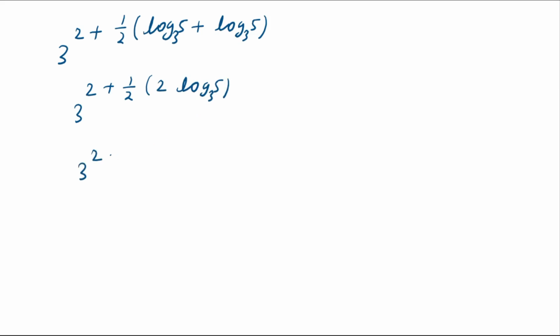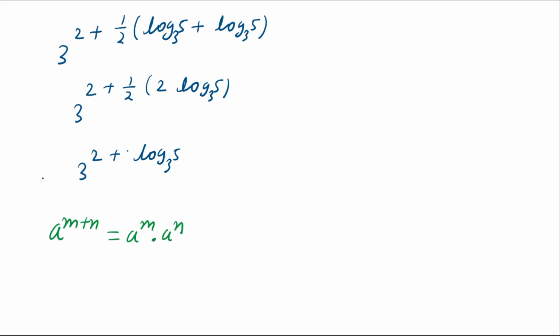Now in 3 power 2 plus 1 half multiplied by this 2, you will get 1, so 3 power 2 plus log 5 with base 3. Now we will apply this rule: a power m plus n is equal to a power m times a power n.